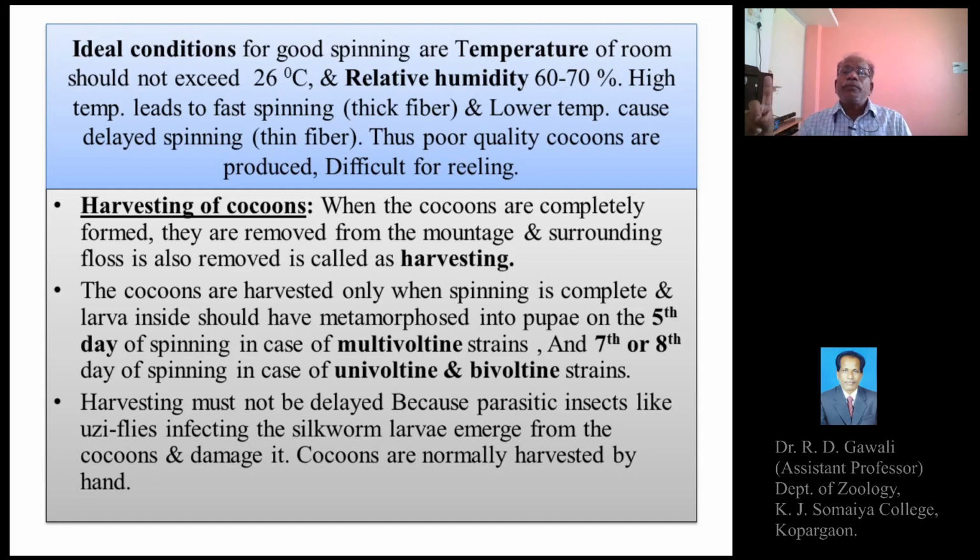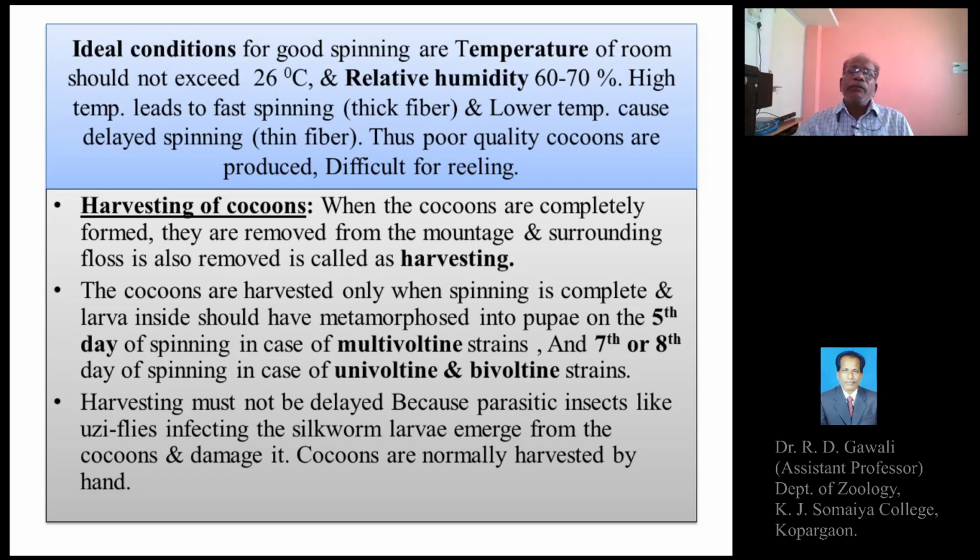In case of multivoltine strains, within a period of 5 days, the pupa has developed inside the cocoon. So the first 3 days are required for the spinning, and after that the larva is transformed into a pupa. So on the fifth day of spinning, in case of multivoltine strains, the pupa has developed inside.